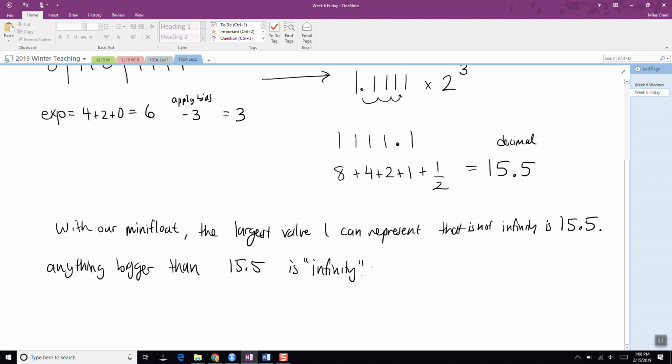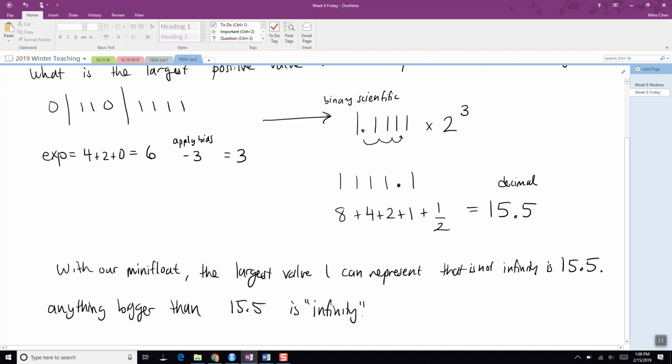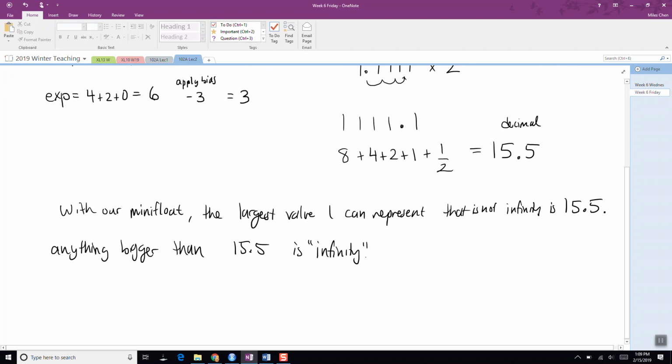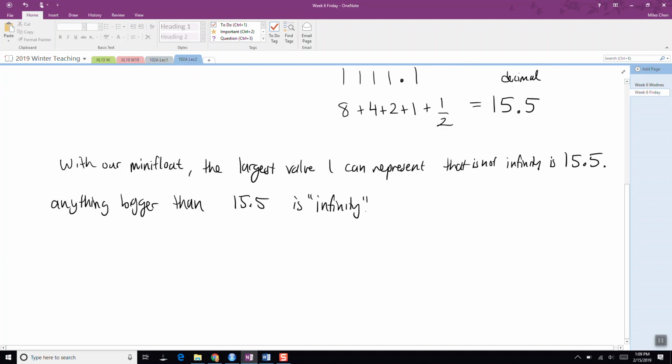I know that seems kind of silly because 15.5 doesn't seem like a very big number, right? But this is the largest value that my mini float with 8 bits, used in this floating point representation, can represent. Now, it seems a little bit silly, but with 64 bits on the computer, we run into the exact same issue, just on a bigger scale.